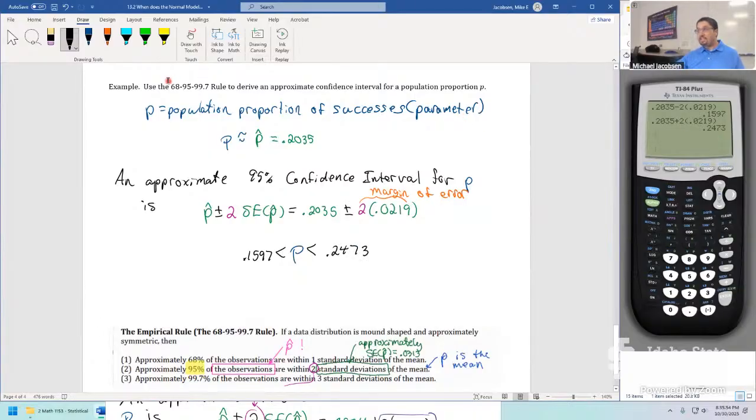So this is what the 68, 95, 99.7 rule gives for us. It's a very crude approximation of the confidence interval. And the whole job of the next section is just to do a little bit better. But this is what they would have done in that Lancet journal. They are estimating the unknown parameter, the population proportion of successes, and they would have gotten numbers a little bit different, but pretty close to what we just got. And it tells a different story. You can't just say 20%.